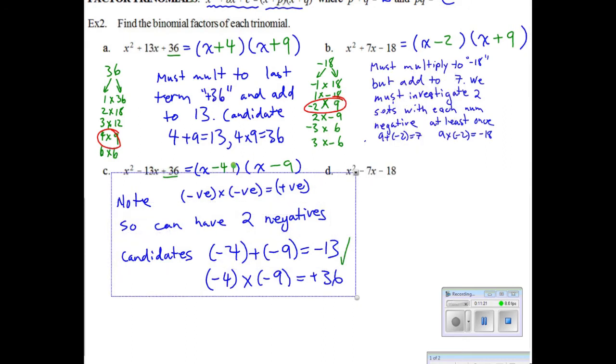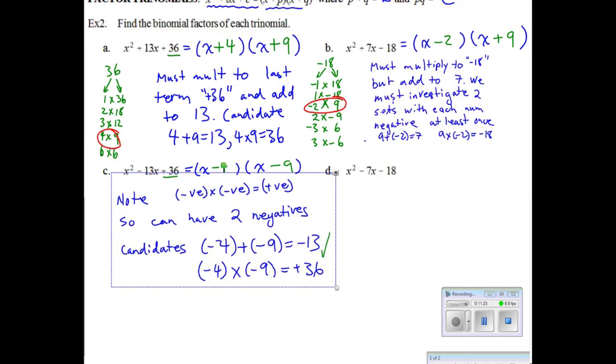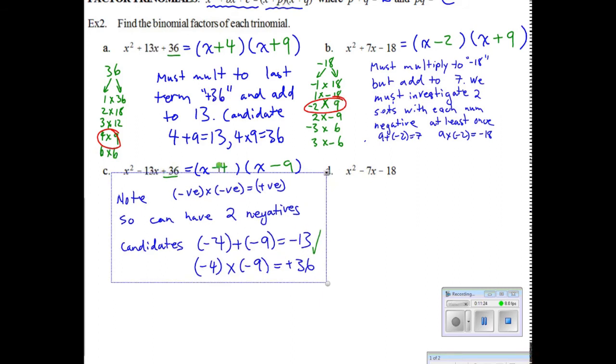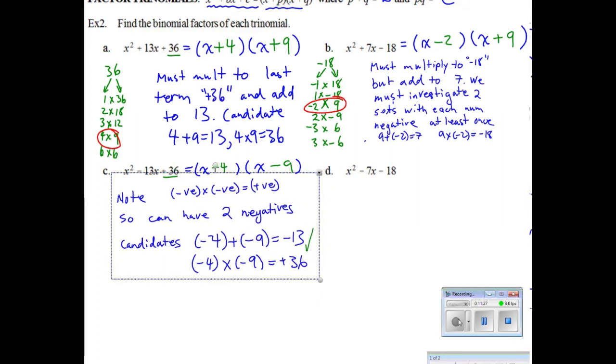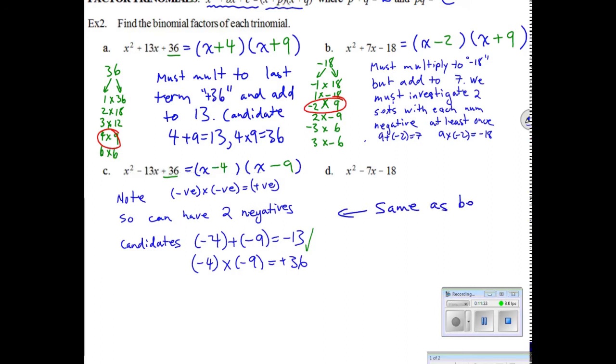Basically, we need a little bit of space for this because there's going to be a lot of thought going on here. Okay, so we have x squared minus 7x minus 18. We're going to do the same problems as before, right?